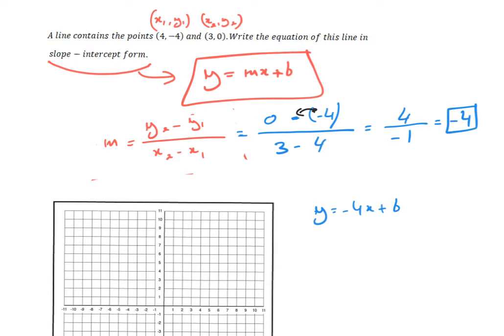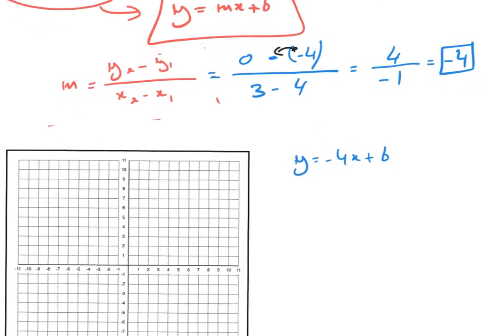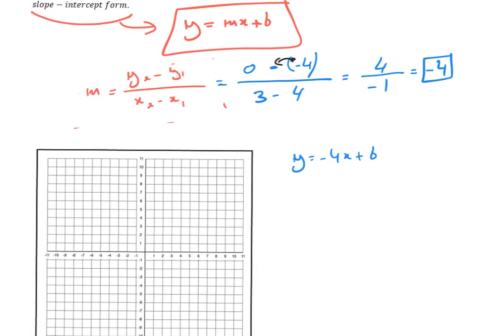So I will choose (3, 0), which is easy for us, right? So we're going to substitute x by 3 and y by 0. So we're going to have 0 equals -4 times 3 plus b.